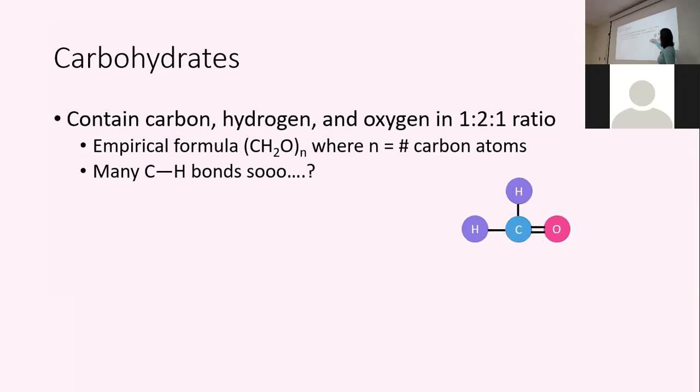Basically what this little guy is right here. This is a CH2O. And so it's lots and lots of these all connected together. So we tend to write it out as (CH2O)n, right? So if I had like 12 of these all tacked together, it becomes (CH2O)12, right?